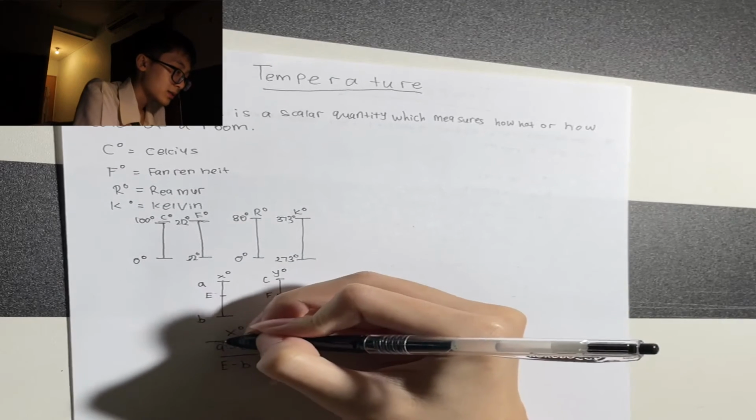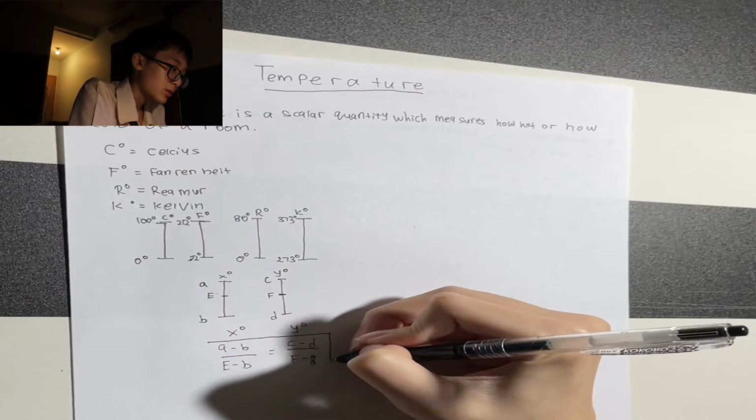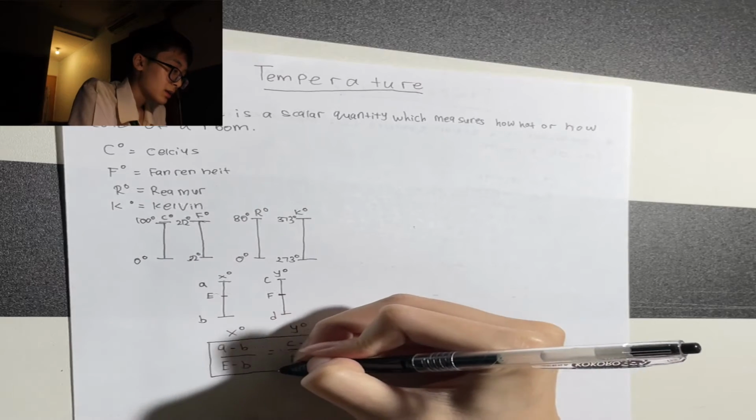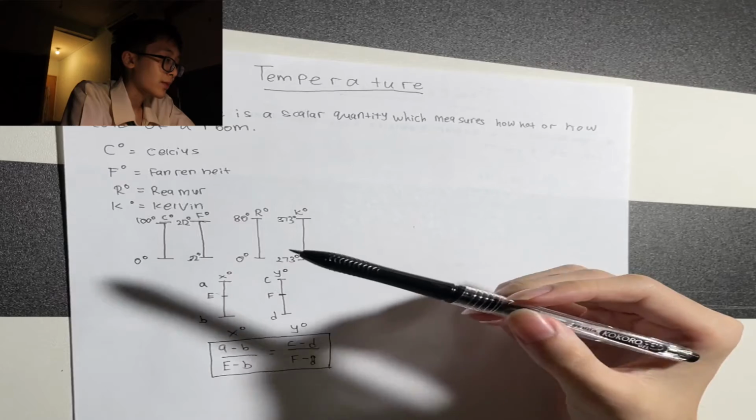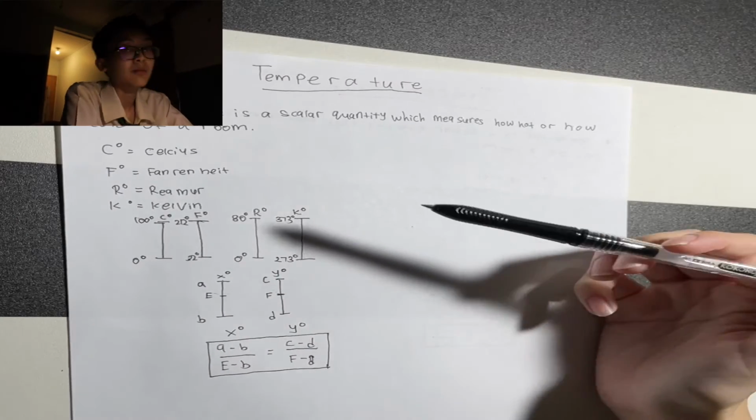This is the universal equation that works to convert one type of temperature scale to another type.